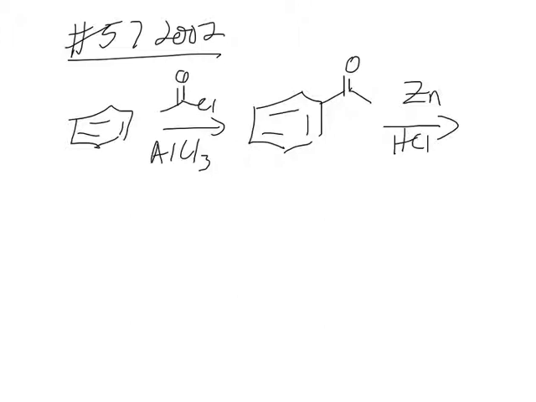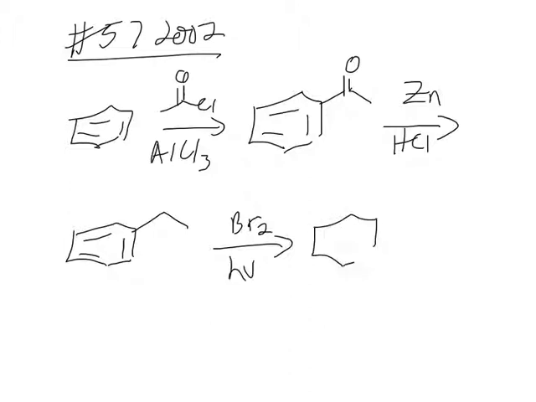Right? H2 palladium on carbon, Wolff-Kishner, and the Clemmensen reduce carbonyls that are benzylic. So you'd have that. And the last thing is Br2 and light. And that, of course, does benzylic brominations.